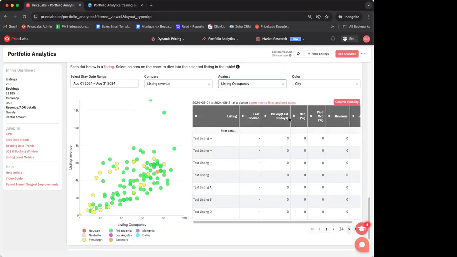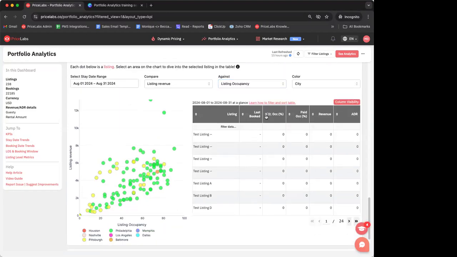Like I said, this is a demo account, so some of this data is going to be incomplete. But if we were looking at real live data, we'd get all of this information right here. We would have your last booked date showing up in this column. You'd be able to see the occupancy in number form for this given period, and the paid occupancy.